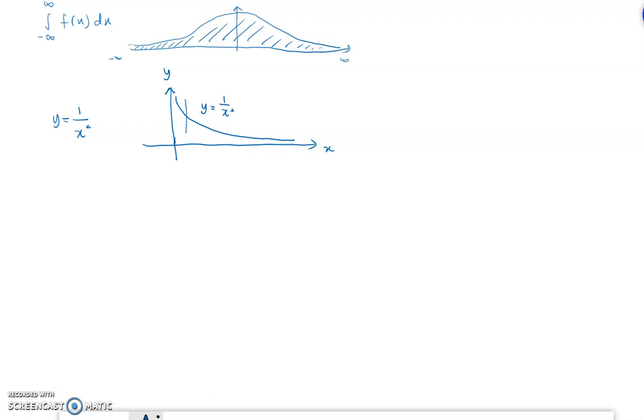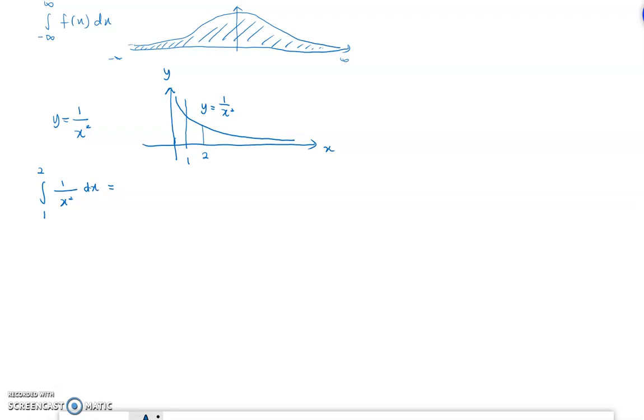Let's say we want to find the area under the curve from the lower limit 1 up to 2, so we solve the integral from 1 to 2 of 1 over x squared dx.